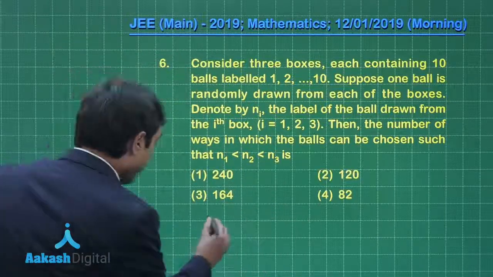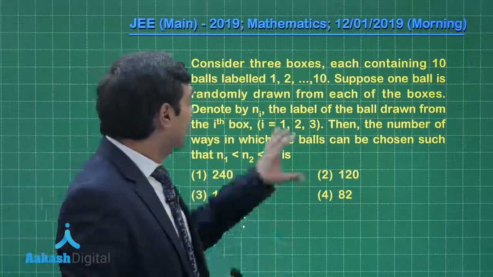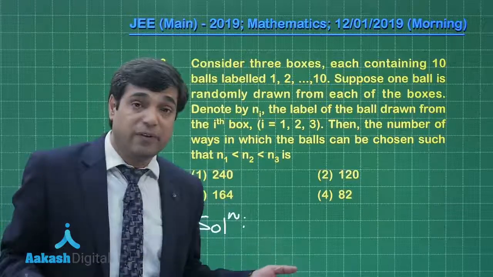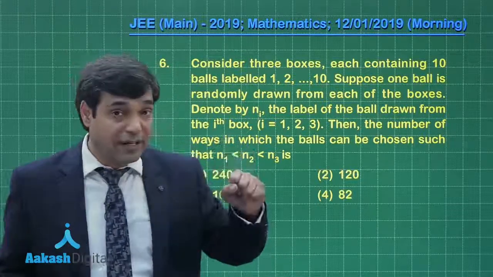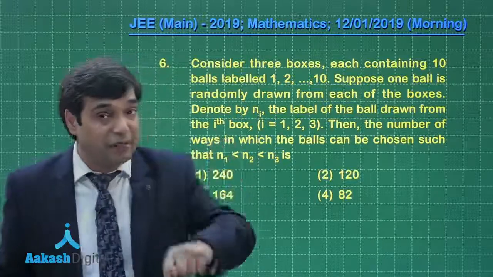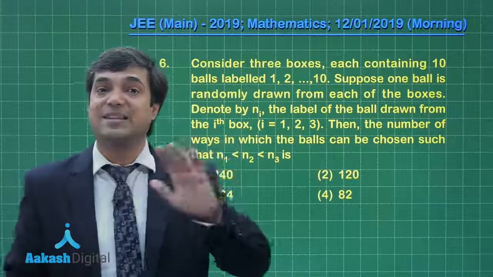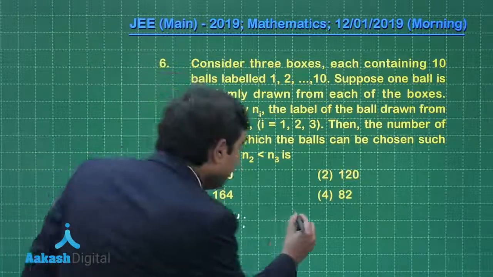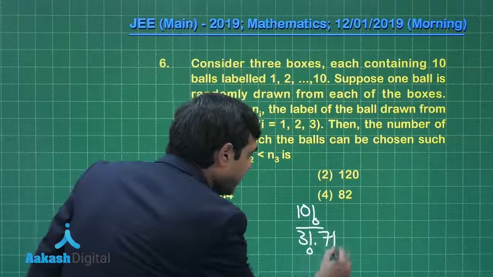So, we can simply say out of 10, select 3 balls. In how many ways? 10C3. And there is only one way of arranging, because when you have selected, there is no arrangement. That one way is what we are looking for: n1 is less than n2 is less than n3. That's all. So simply, it is 10 factorial by 3 factorial into 7 factorial.